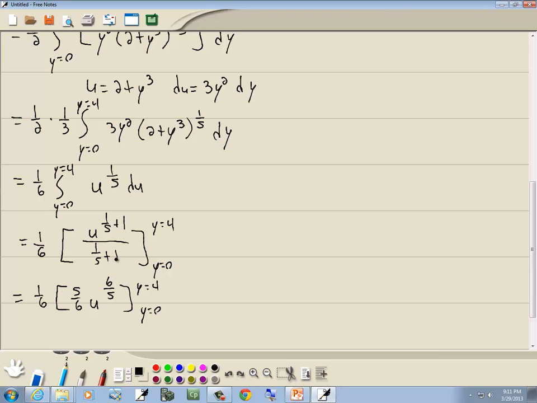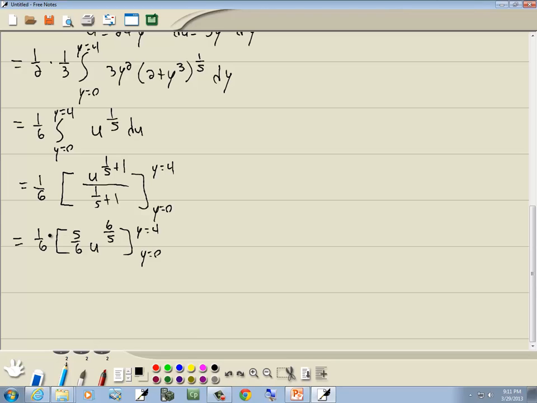Remember, if you have a single fraction down here, if you put the 6/5 down here, you flip it and multiply it times the top. And I can actually put it on the outside of the brackets. So that gives us 5/36, I guess.